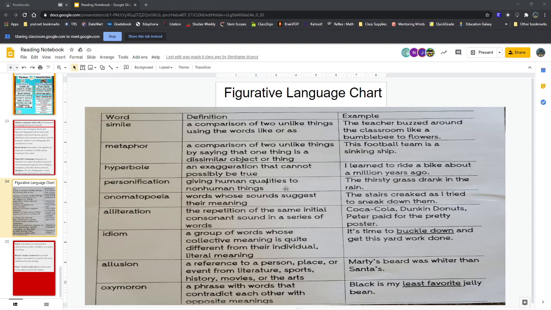People will also use that when they're talking about a lot of things, and they'll make it sound like it's doing things that people can do, but that those things really can't. So, for instance, if it's kind of windy and you notice the trees, especially when it gets windy, the branches will start to move with the wind. And sometimes, especially if there's lots of leaves on the tree, when the branches move like that, it'll kind of look like they're waving at you.